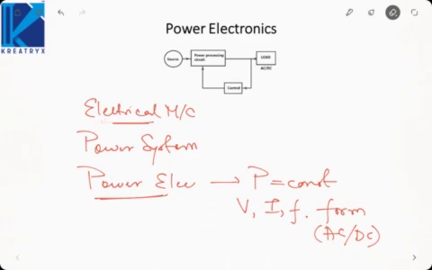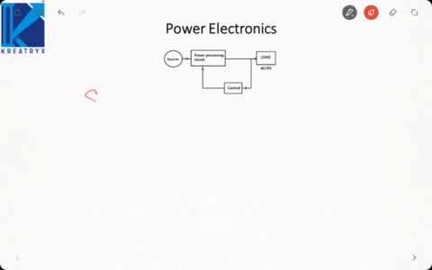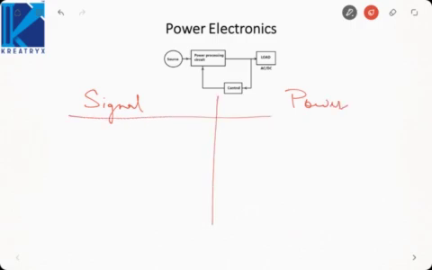Now there are two branches of electronics. One is signal electronics, the other is power electronics. Signal electronics basically deals with analog electronics and digital electronics. Signal electronics usually has a voltage level of plus minus 15 volt, which is the supply voltage for an op-amp.